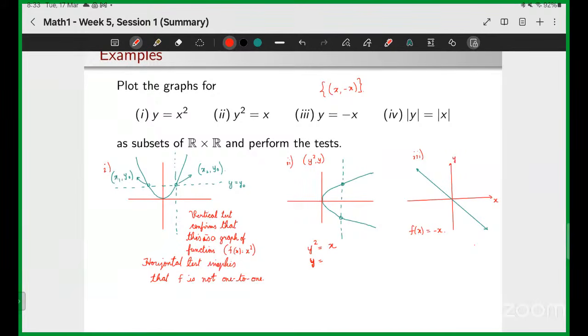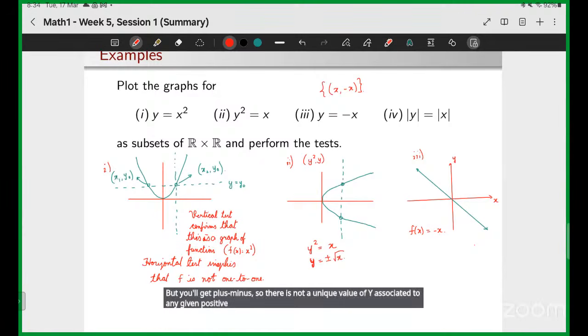It's not reversible. You'll get plus minus. Here x is positive, first of all, but you'll get plus minus. So there is not a unique value of y associated to any given positive x. So that's the problem. You can't write it as a well-defined function.